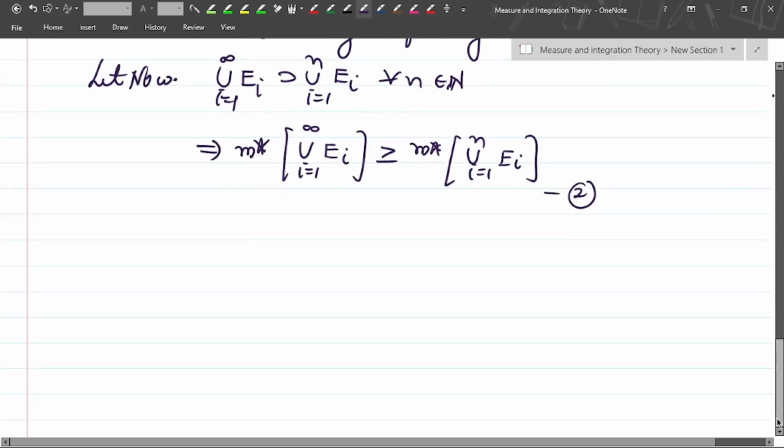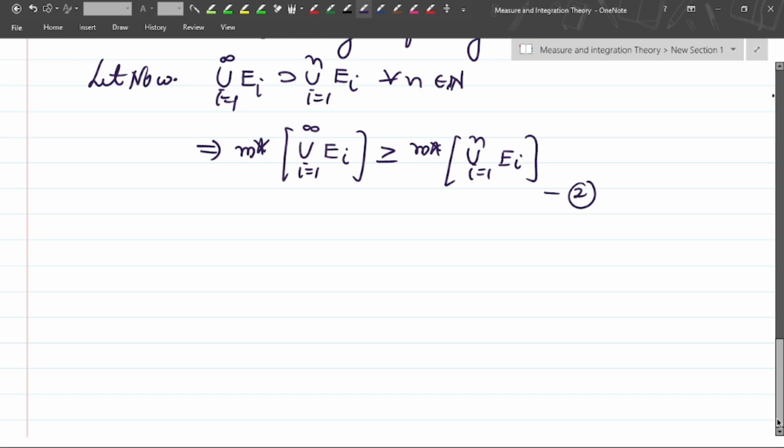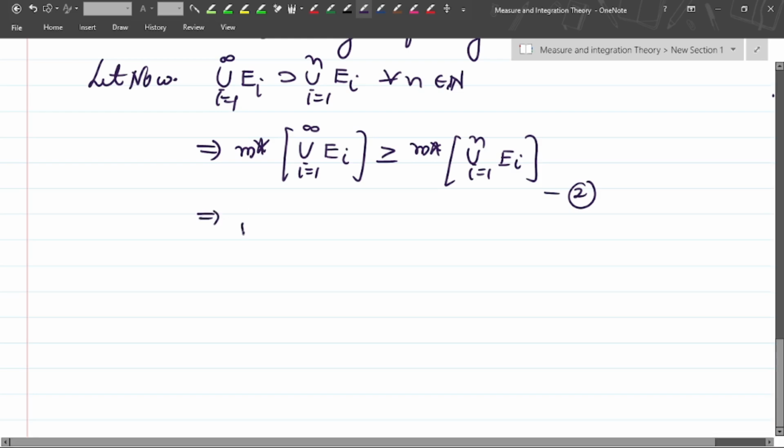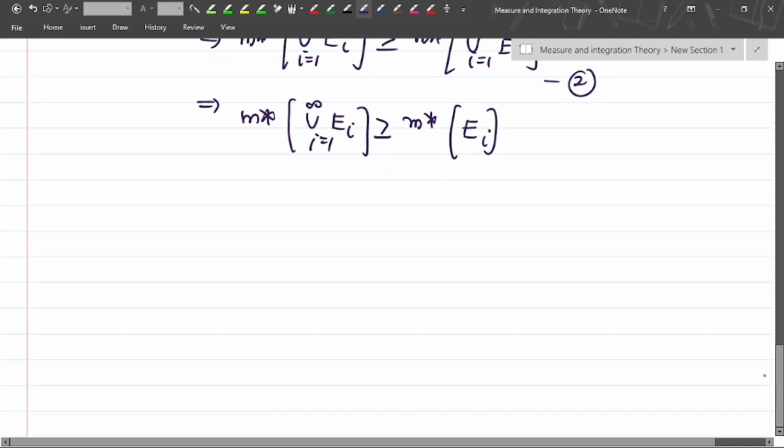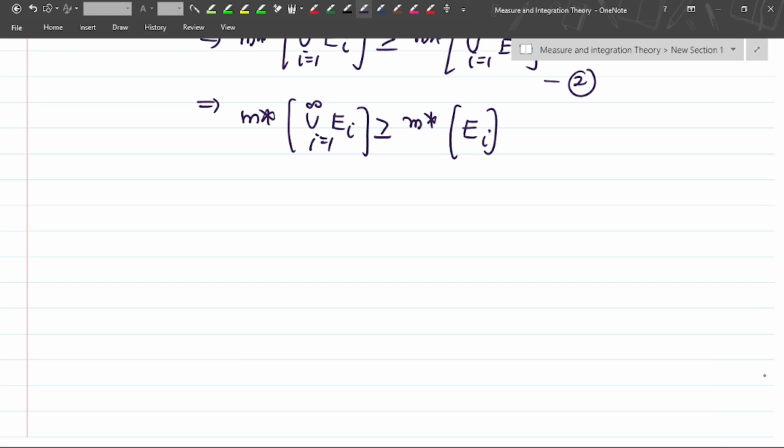Now, if it is equation number 2, then if it is greater than, it means there is an inequality, in such a case we can write m star of the union 1 to infinity of Ei is also greater than that for only one of the Ei. So it is the equation number 2 only. Now, in the limiting case, when n tends to infinity, what will happen?